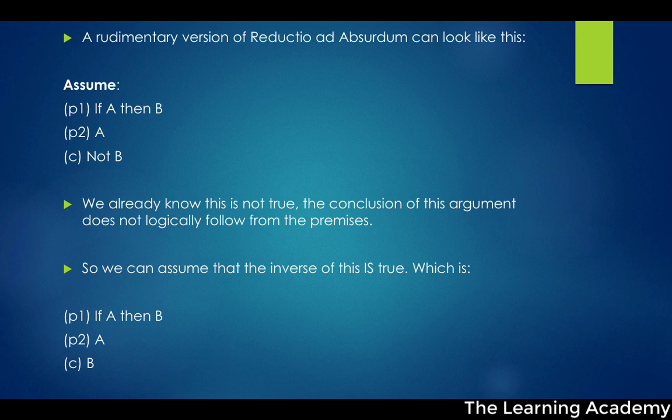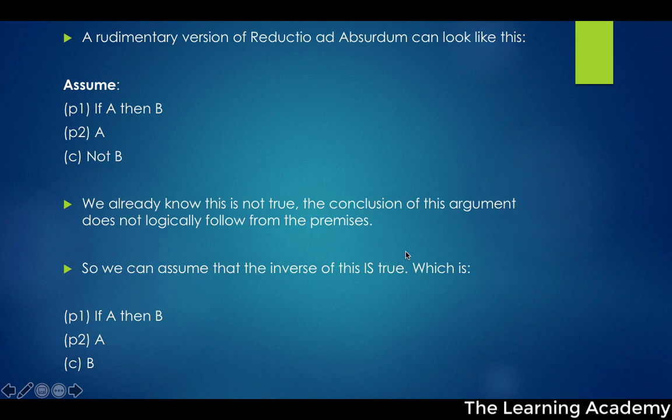We would what we call negate the conclusion. And we already know this isn't true, because the conclusion doesn't follow logically from the premises. So if we know that by saying not B instead of writing B, that is false, invalid, and a contradiction, we can then conclude that B has to be true.